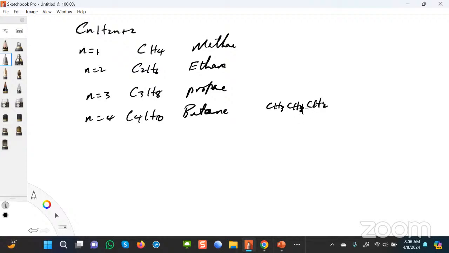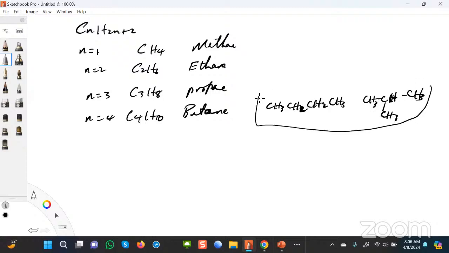This would be CH3, CH2, CH2, CH3, and this would be CH3, CH, CH3, with CH3 here, right? These are two different compounds which have the same formula. So these are isomers. We talked about that earlier, right? Isomers are different compounds having the same molecular formula.